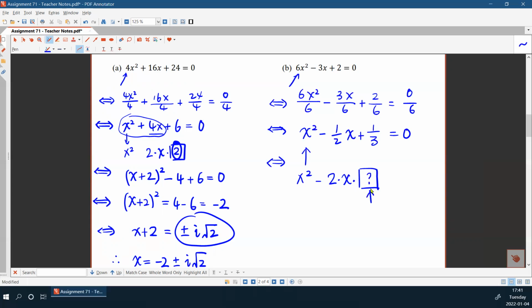You need to figure out what you should put here. So basically 2x multiplied by the question mark should equal the term here, which is -1 over 2 x. So can you figure out what the question mark is here?